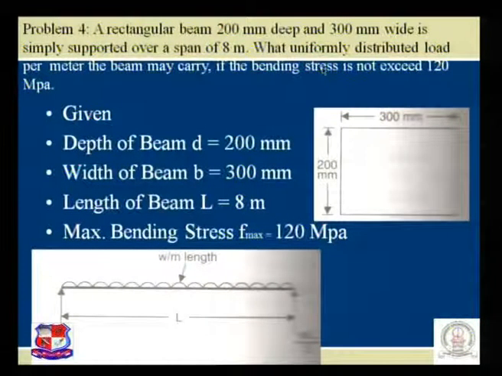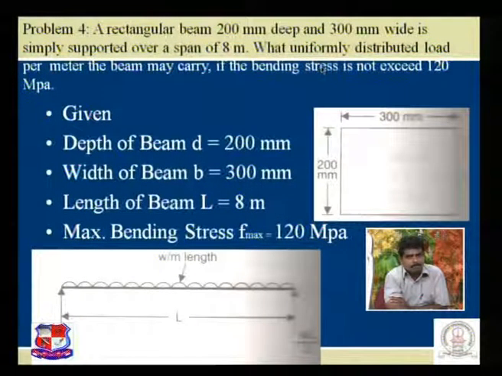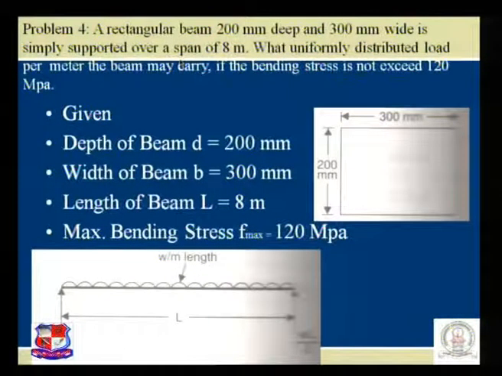Rectangular beam, its cross section is given to us, the length of the beam is also given to us, also the maximum allowable stress is also given to us. The thing which can be asked is UDL per meter.